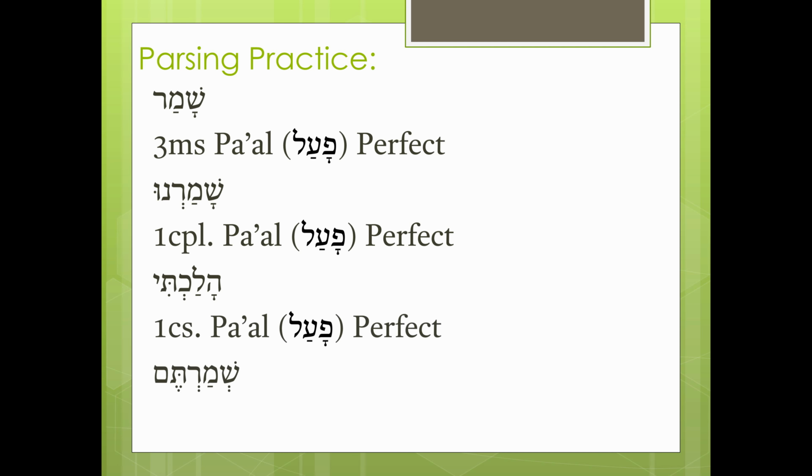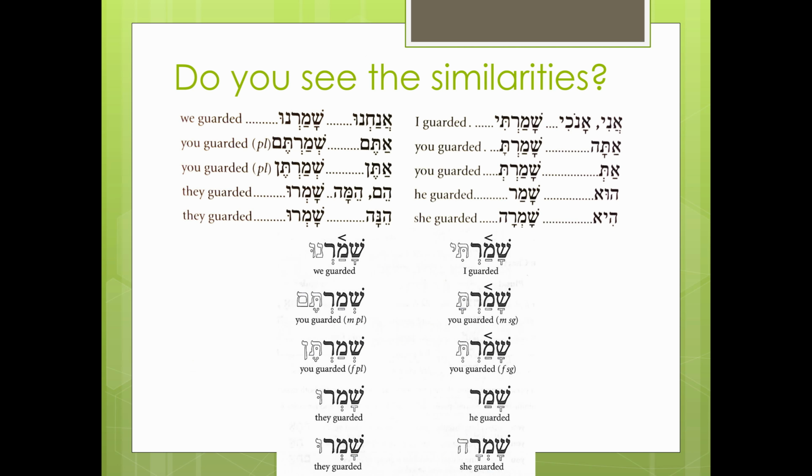Let's do one more. Shmartem, okay? So we have our root letters here, shin mem resh, with the ending tem. So how would you parse this out? What's the gender? Masculine or feminine? Well, here's a little clue that I forgot to mention. When it comes to these second persons, the mem endings often point to masculine.